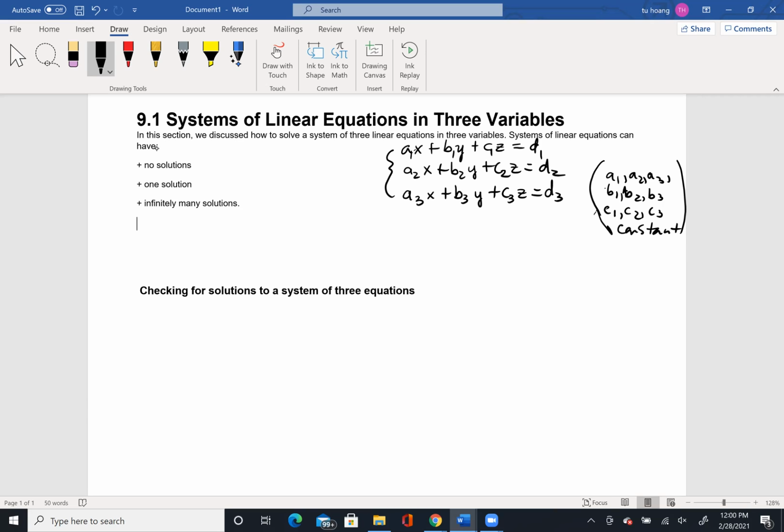So let's talk about checking for a solution to a system of three equations. I have an example.